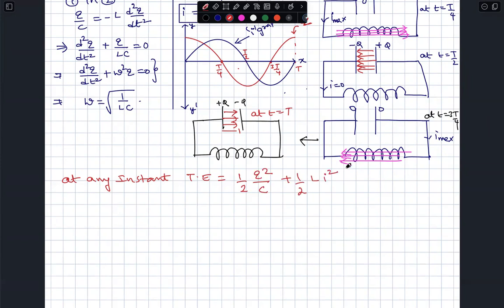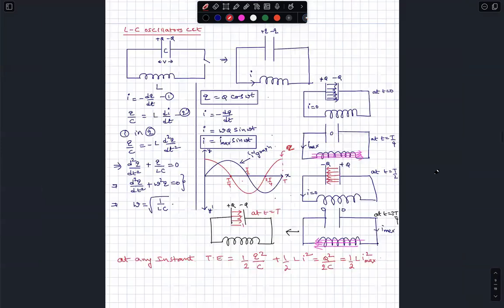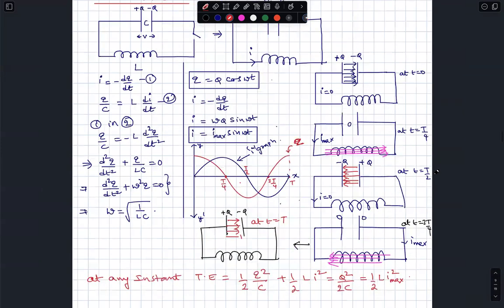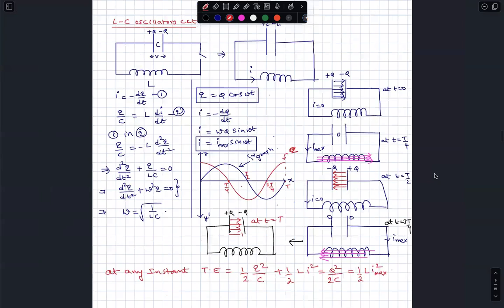Yesterday, I showed you work done in an inductor is stored in the form of magnetic field energy given by half Li square. Remember, this can be given as Q square by 2C, or this can be written as half L I maximum square. It is up to you. This is the fundamental of the LC oscillatory circuit.